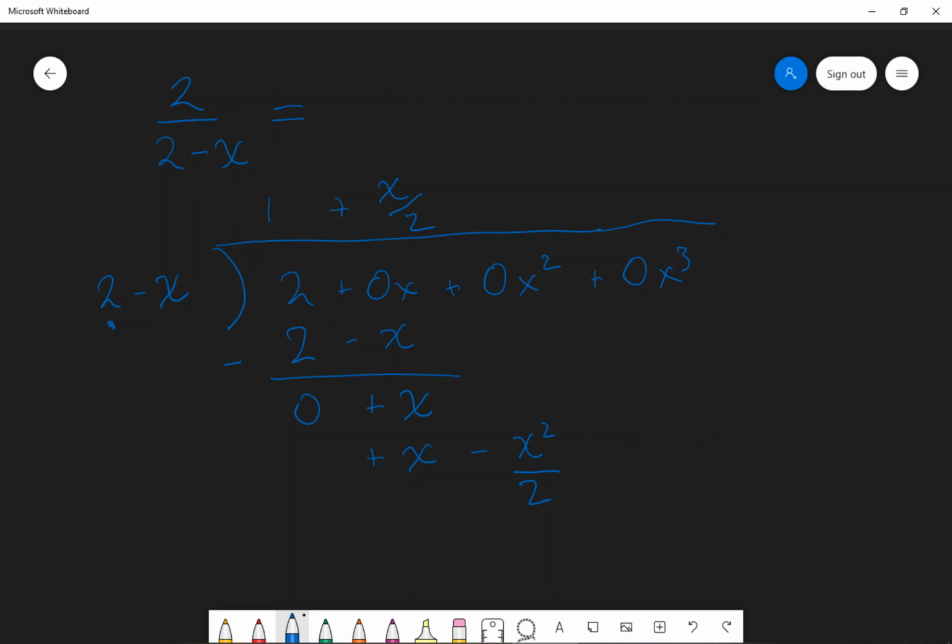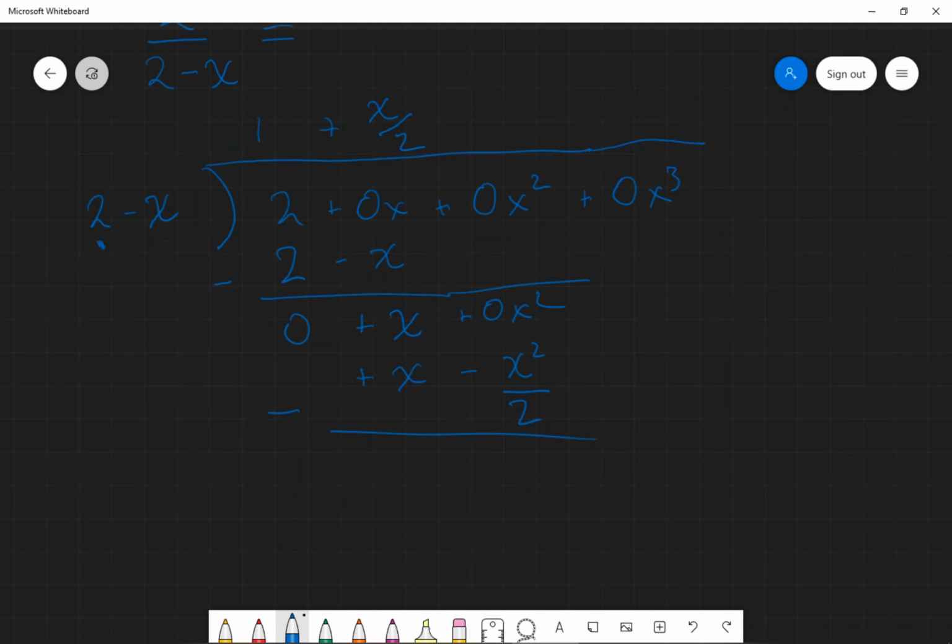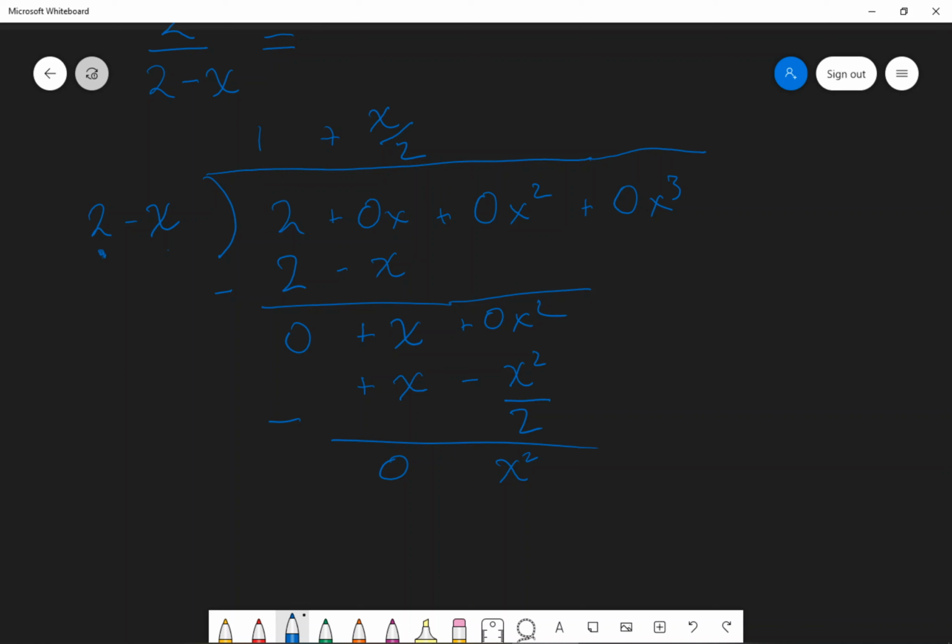And here we can bring down the 0x squared. Then we subtract. x minus x is 0, and then 0 minus negative x squared over 2 becomes x squared over 2.